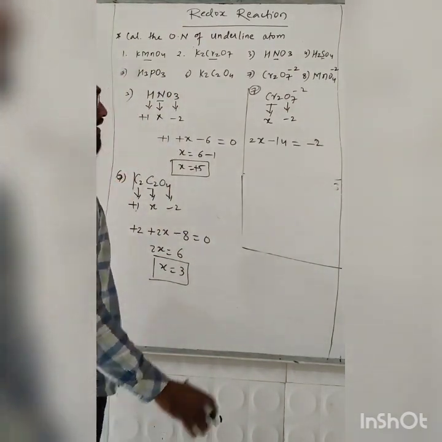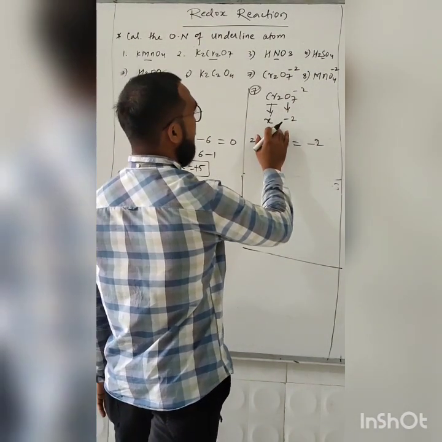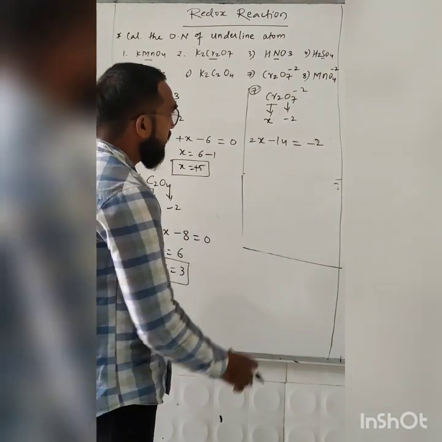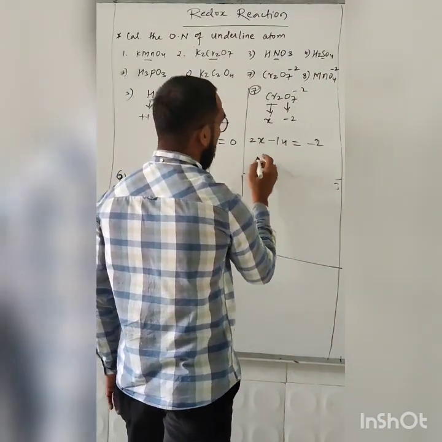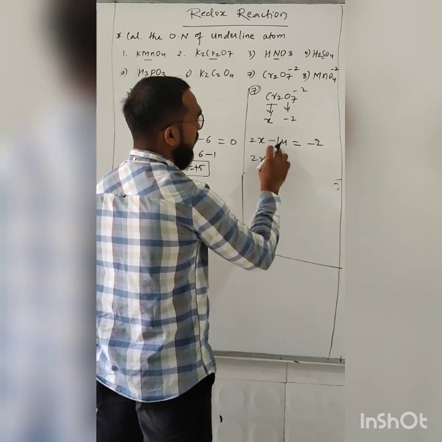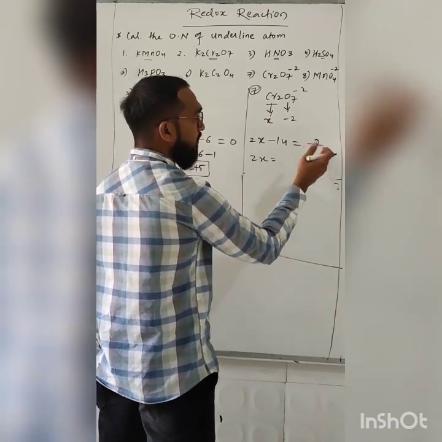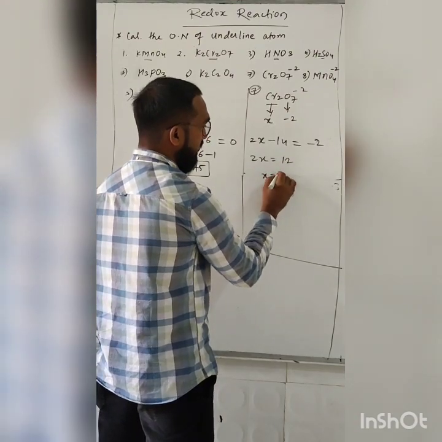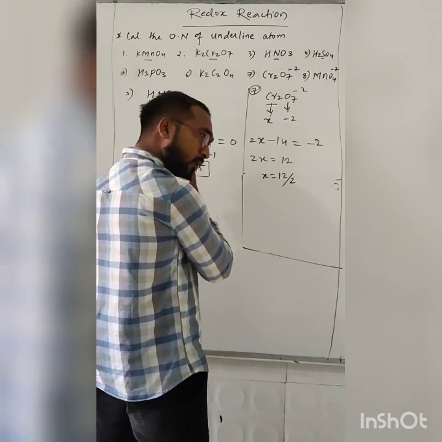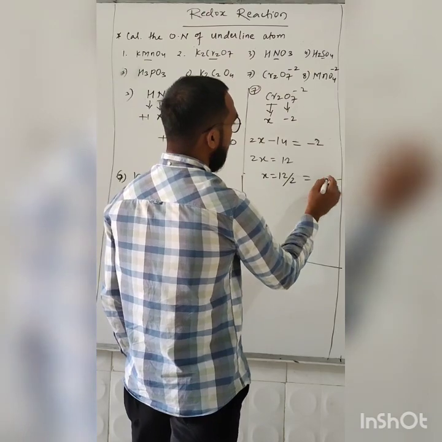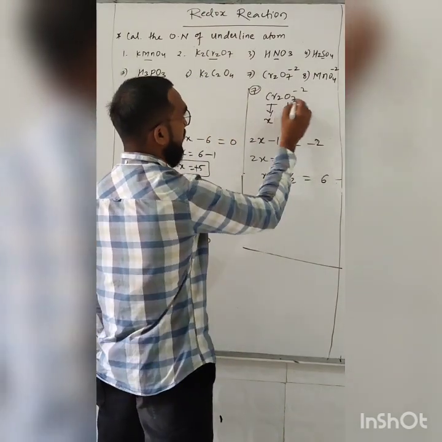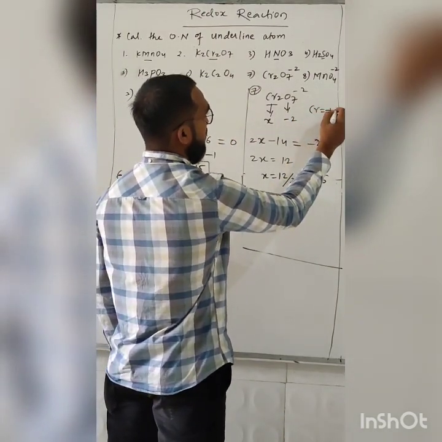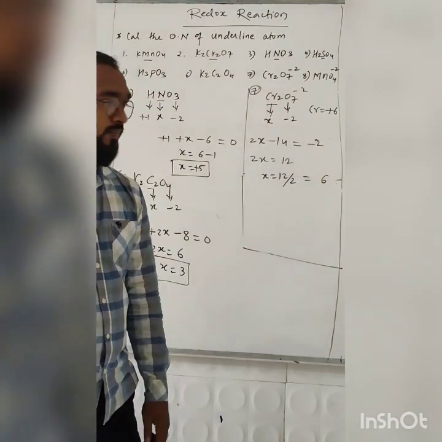In our earlier example it was 0. Here it is a polyatomic ion, so -2. Now 2x is equal to 14 will come here, -14 will become +14, +14 -2 will be 12. So x is equal to 12 by 2, which is equal to 6. So here chromium has +6 oxidation number.